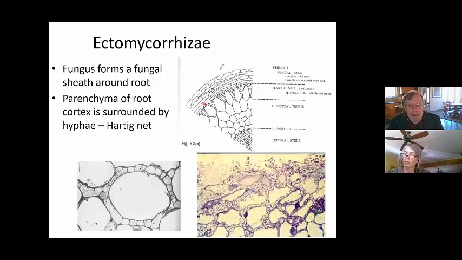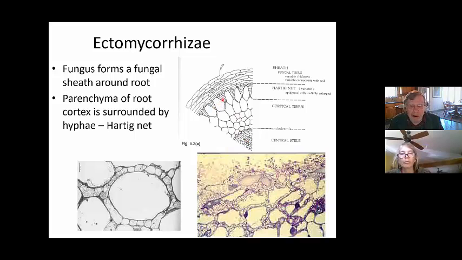If we look at a cross section of a root, we can see that you have this sheath of fungal hyphae around the outside of the root, and then the hyphae may extend in and go between the cells of the cortex. Although they can go between the cells of the cortex, they never get past the endodermis, so they don't get into the vascular bundle.